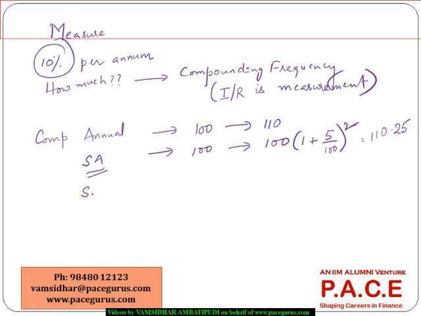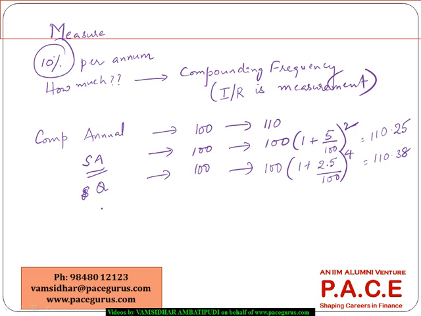Similarly, if the compounding is happening on a quarterly basis, the same 100 which you have deposited will become 100 times (1 + 2.5%) per quarter, and there are 4 quarters in a year, so it is going to become 110.38.